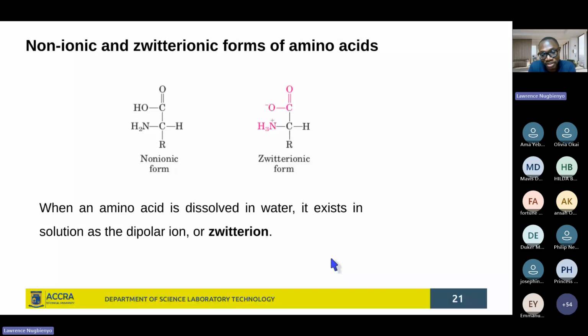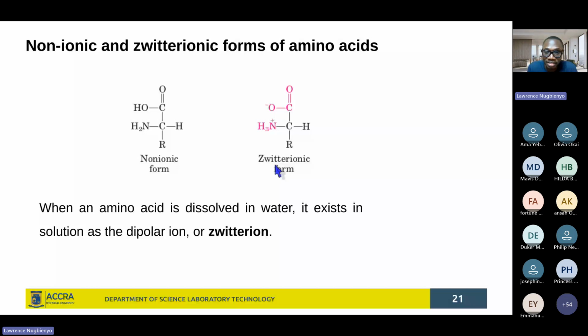And what does a zwitterionic form mean? That's an ion that is having both positive and negative charge on it. It comes from a German word, zwitter, which means a hermaphrodite, something that's having both sexes.